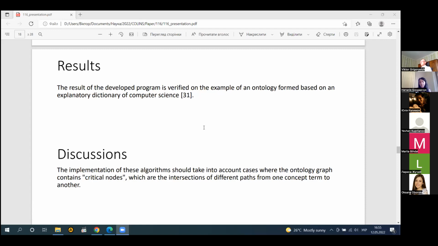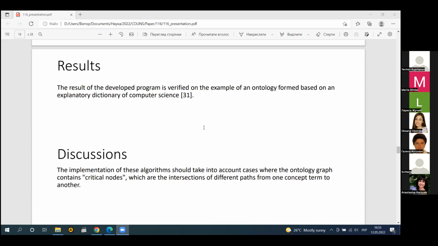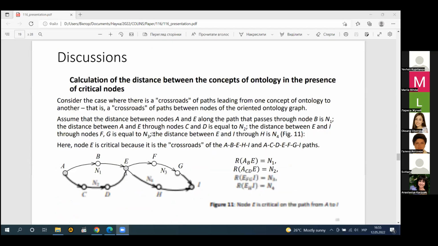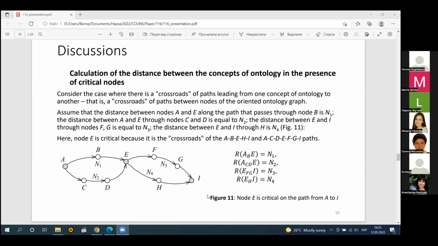Implementation of this algorithm should take into account cases where the ontology graph contains critical nodes, which are the intersection of different paths from one concept term to another, as explained in figure 11. Consider the case where there is a crossroads of paths leading from one concept of ontology to another.